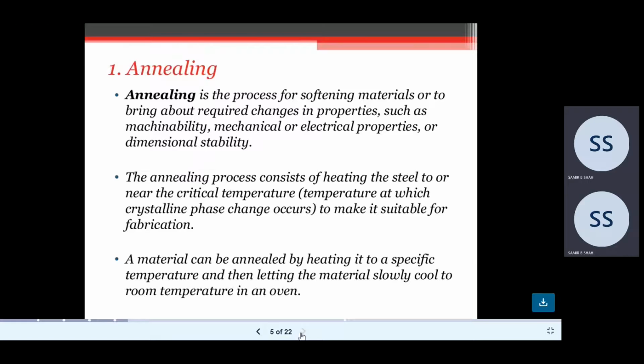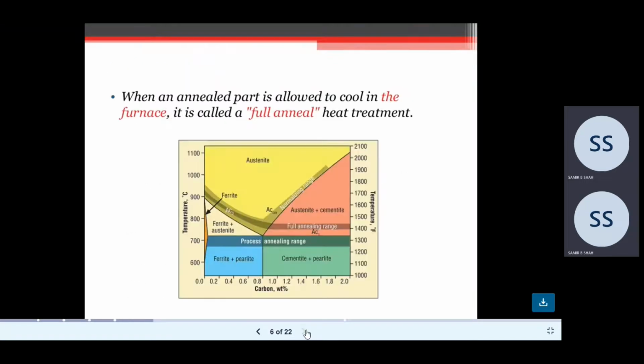A material can be annealed by heating it to a specific line, and then the material is slowly cooled to room temperature. Just remember that it is cooled slowly to room temperature in the oven. You can refer to the diagram where temperature versus carbon content is given.